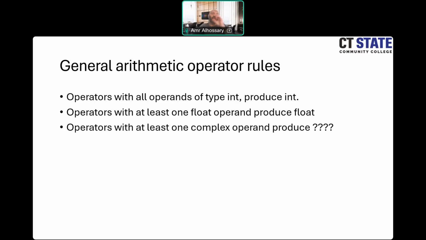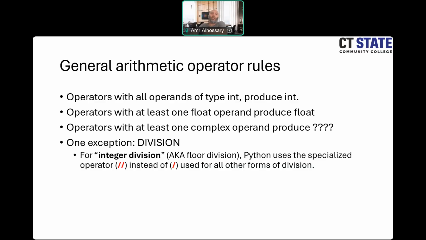So if all operands are int, the result is int. If all operands are float, the product is float. If all operands are complex, the output is complex. This is a nice rule that runs for everything except for division. Why?